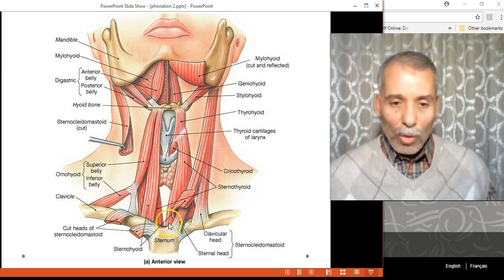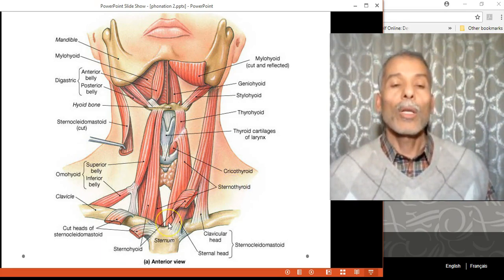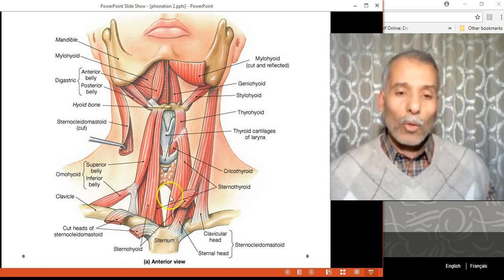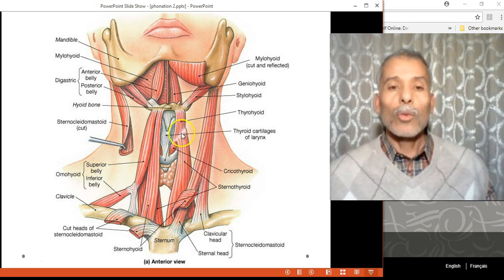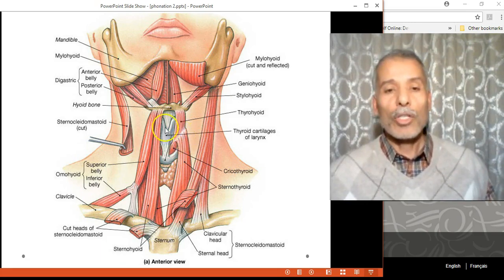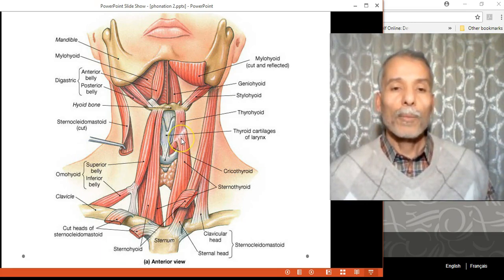It originates on the lateral superior margin of the manubrium, and then it courses superiorly to insert onto the inferior lateral margins of the thyroid cartilage. And then when it contracts, it's going to depress the larynx.